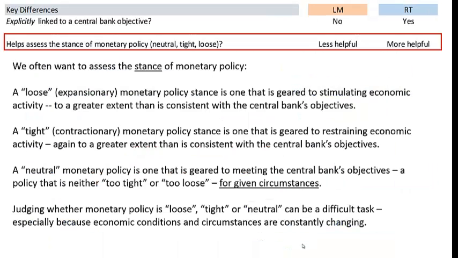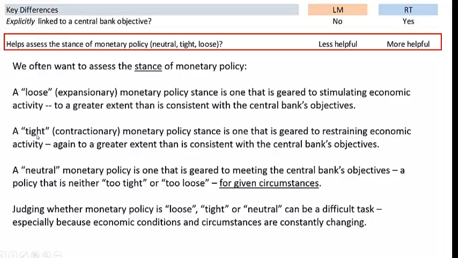We often want to assess the stance of monetary policy. What do we mean by the stance? Well, when we talk about a loose monetary policy stance or an expansionary stance, that's one that's geared to stimulating economic activity to a greater extent than is consistent with the central bank's objectives and also consistent with given circumstances.